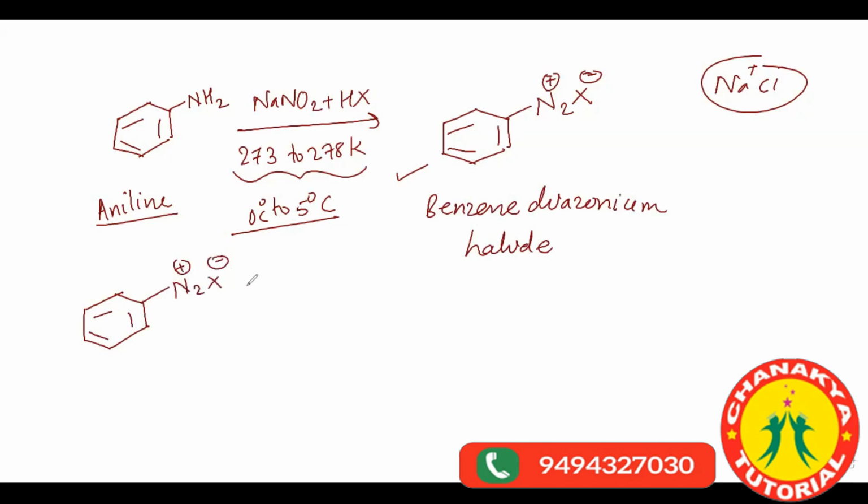When you treat it with a cuprous halide, Cu2X2, this X2 can be either Cl2 or Br2, what you will get is a haloarene. In place of the diazonium group, your X group would be attached, and your nitrogen group would be detached and released. Clear? This is the basic reaction.